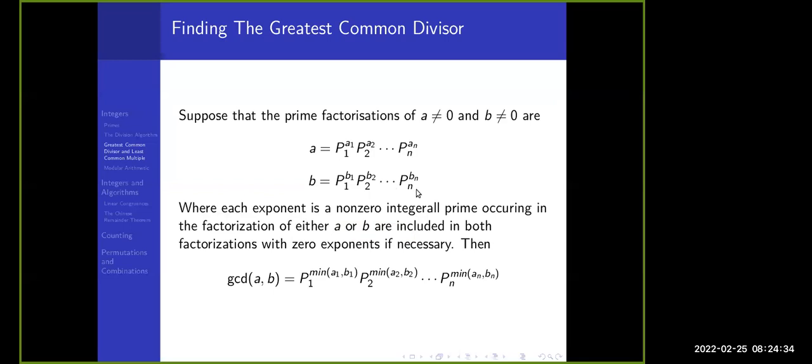Each exponent is a non-zero integer occurring in the factorization of either A or B.